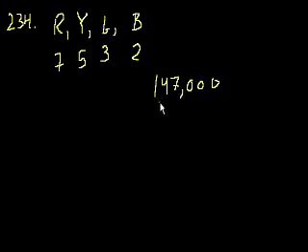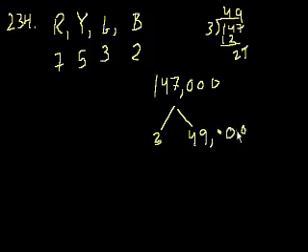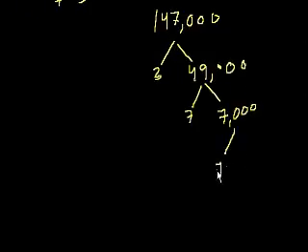I think we've done this before. 3 goes into 147, 49 times. So you get a 3, and you get a 49,000, I should say. You could do a 7, and a 7,000. And then you can get another 7, and you can get a 1,000.